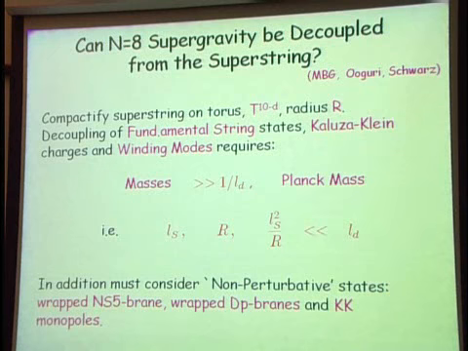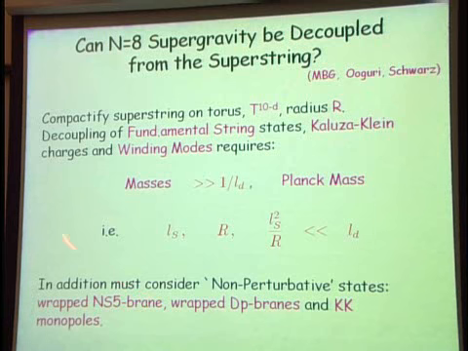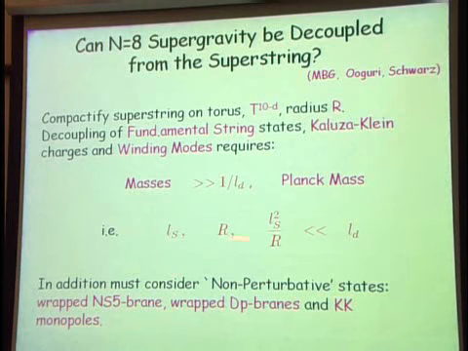But in addition, in string theory, and this is a rather elementary point, there are of course many other states. The Neveu-Schwarz 5-brane is the magnetic dual of the winding mode, and the Kaluza-Klein monopole is the magnetic dual of the Kaluza-Klein charge, and then there are of course all the D-branes. And you have to worry about what happens to their masses.